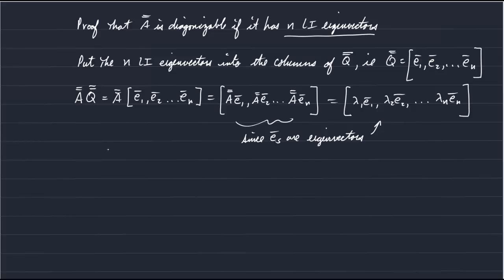And so we can write that right-hand side as our matrix Q containing our eigenvectors times a diagonal matrix containing the eigenvalues.